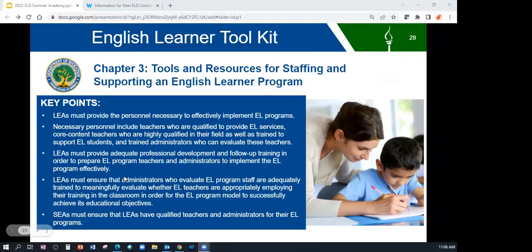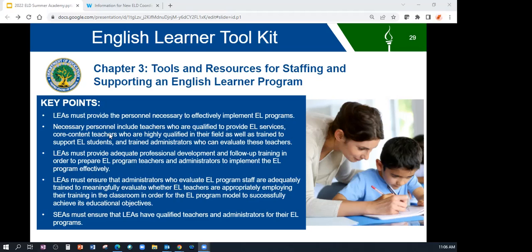All right, so chapter 3 moves on to talk about resources for staffing and supporting your program. The first one says that they must provide personnel necessary to effectively implement their EL programs. So the federal government is stating here that you have to have someone in your local education agency that knows how to work with English language learners.